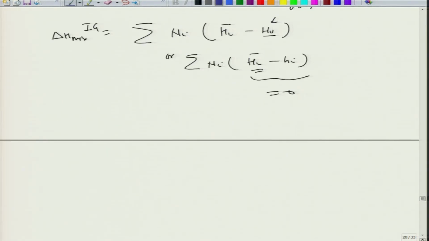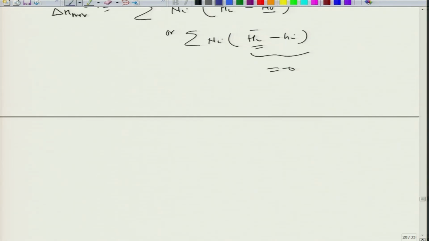I would like now to extend this to the entropy, but before we proceed further, we must understand a bit of the pressure component in gas mixtures of ideal gas.